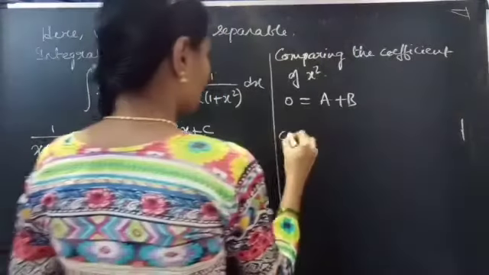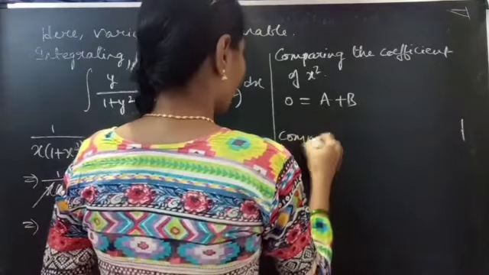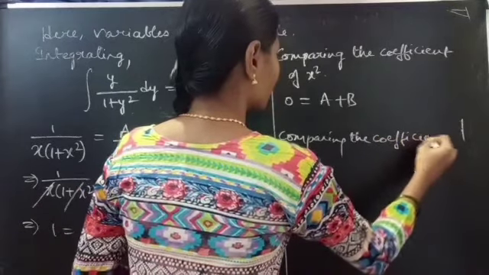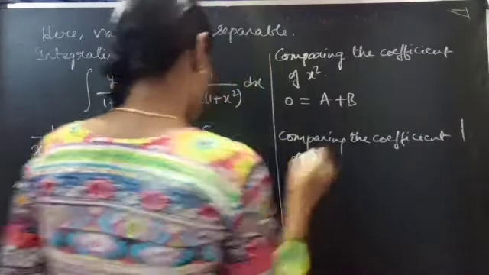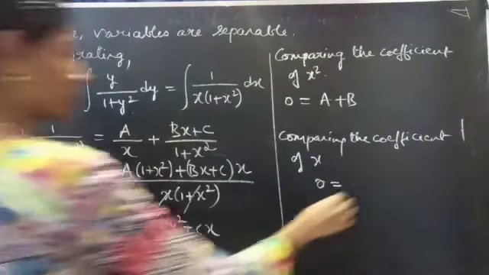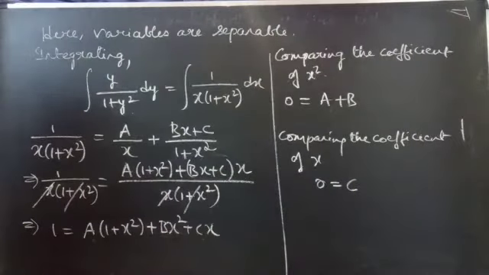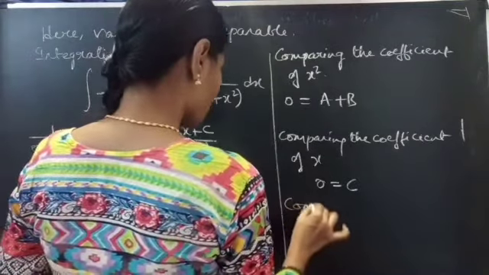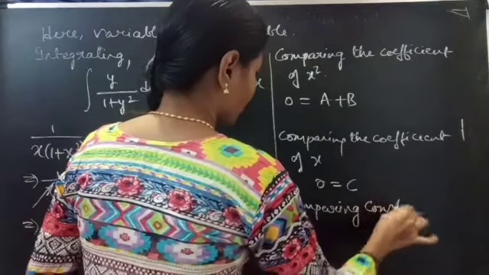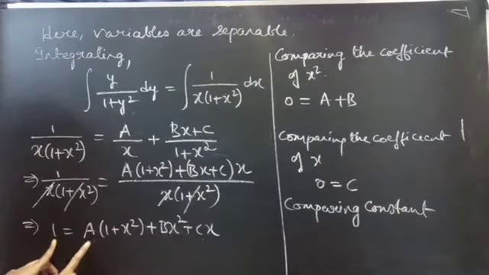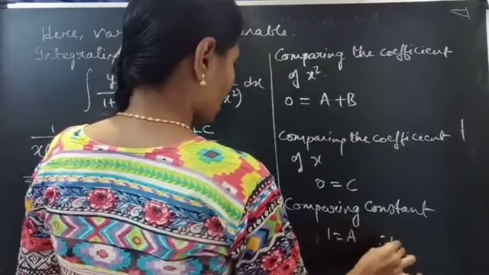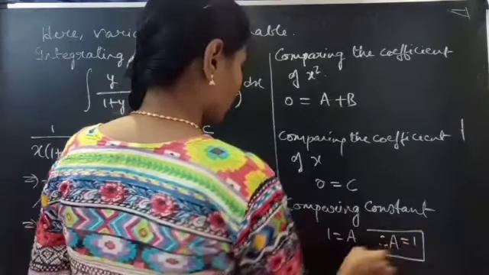And now comparing the coefficient of x, you'll get 0 equals c. Now if you compare the constant, you'll get 1 equals a into 1, that is a equals 1. Therefore a equals 1.